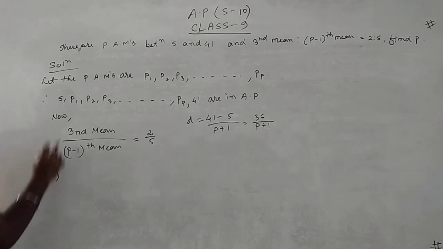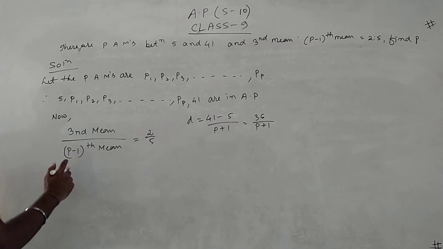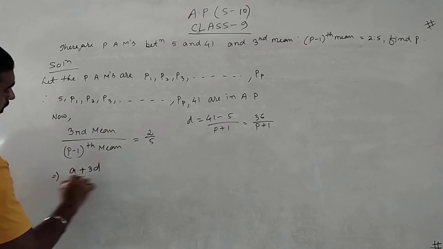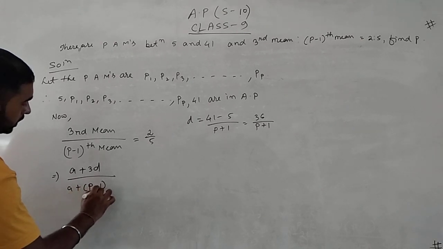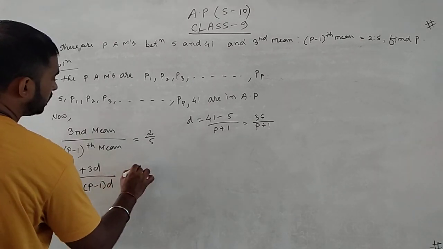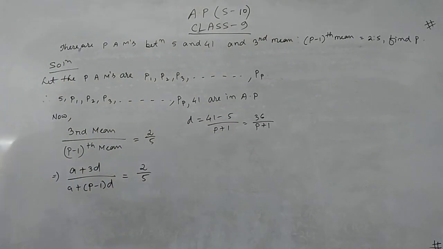Now the third mean: first, second, third mean, that is the fourth term, so simply a plus 3d. And here the (P minus 1)th mean, that's why (a plus 3d) by (a plus (P minus 1)d) equals 2 by 5.